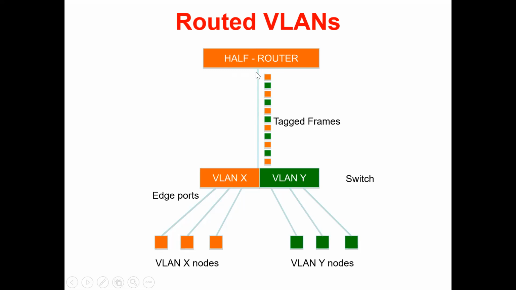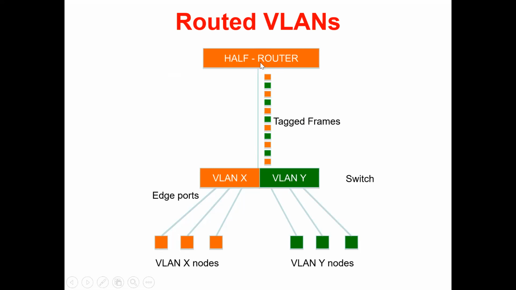What we've been using so far with routers, when you want to connect distinct networks, is to have, for example, VLAN X going to its own interface, and the other LAN going to its own interface, for example interface 0/0 on the left and interface 0/1 on the right. But that's not what we are doing.